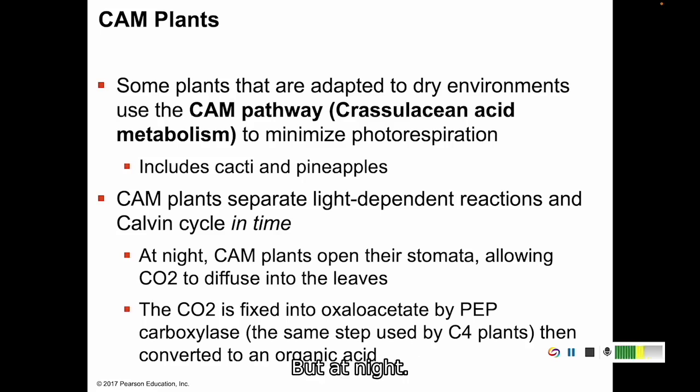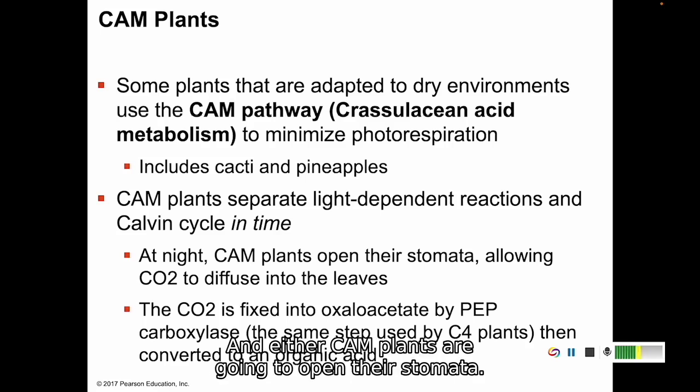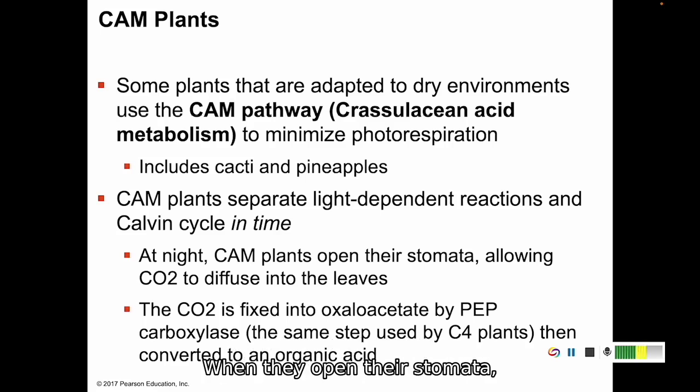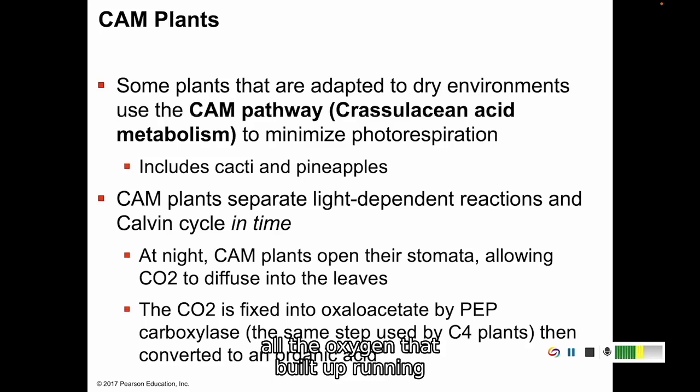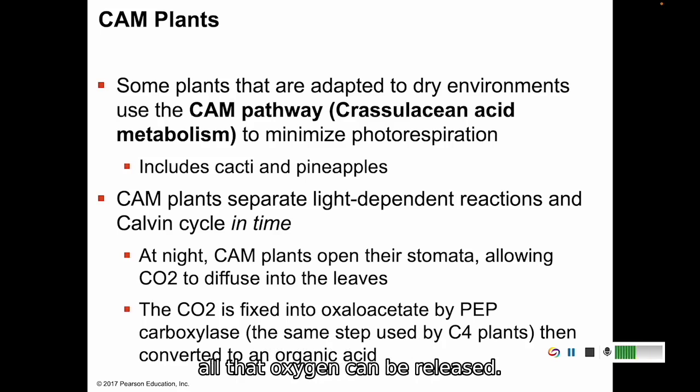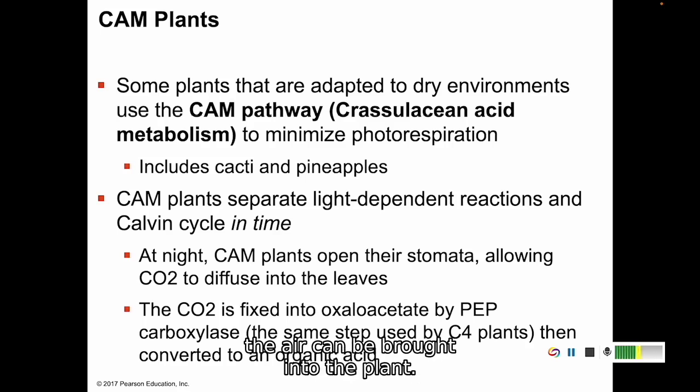During the day, for that photo part capturing the sunlight, they're going to have their stomata closed so that they're not being dehydrated. At night, the CAM plants are going to open their stomata. When they open their stomata, all the oxygen that built up running the light reactions can be released. All the carbon dioxide that's out in the air can be brought into the plant.